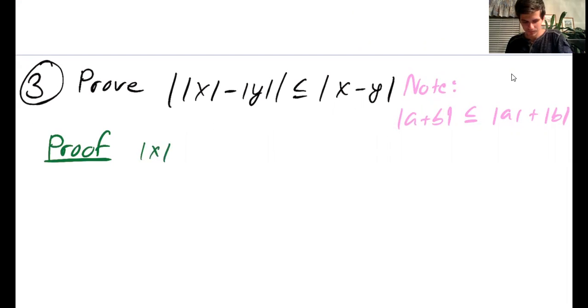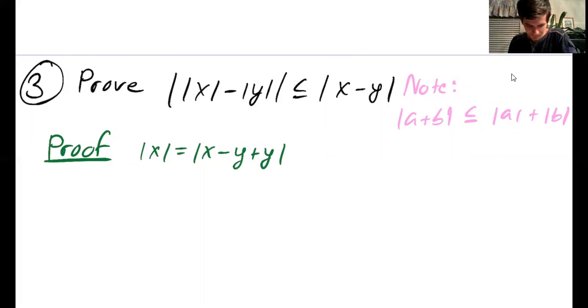Absolute value of x. We're going to start out easy here. It's going to equal the absolute value of x plus 0. Really, I don't want to show that part, but I wanted to show it because how I'm going to get to this part is we're taking 0 and changing it to negative y plus y.